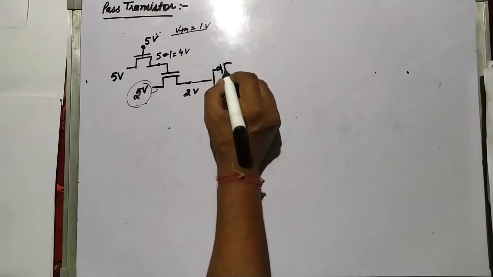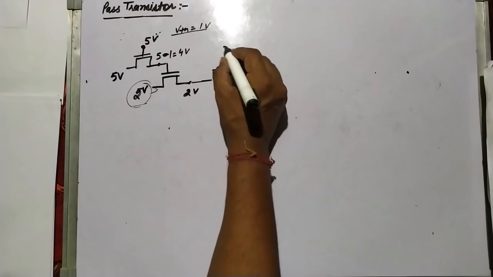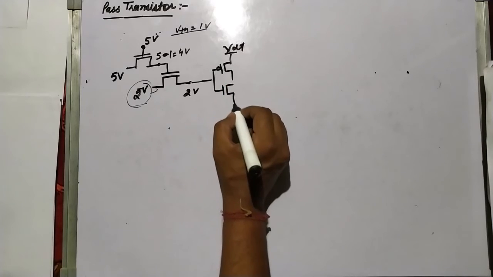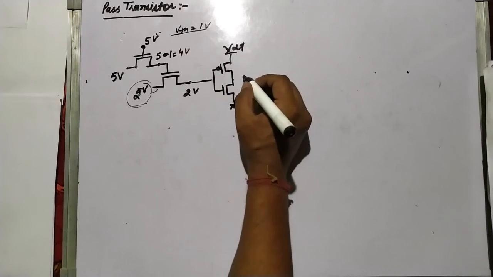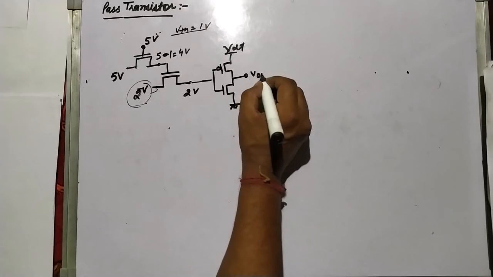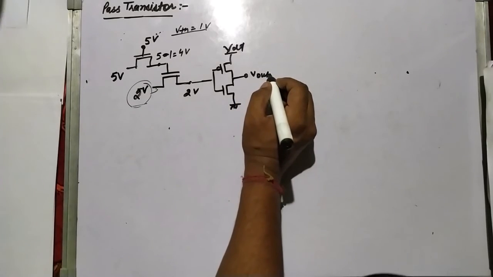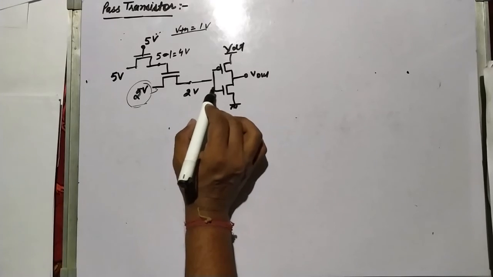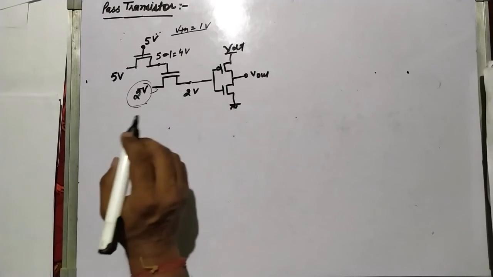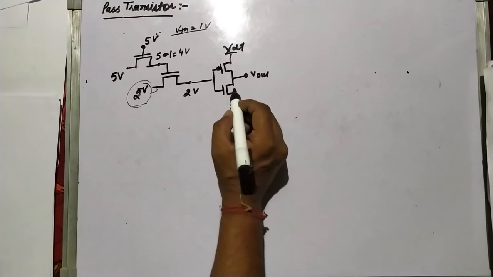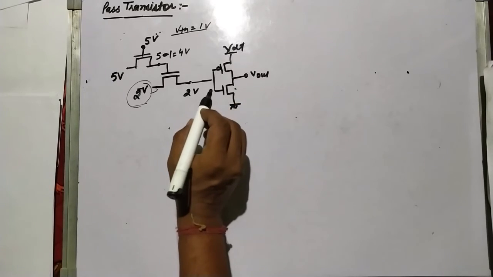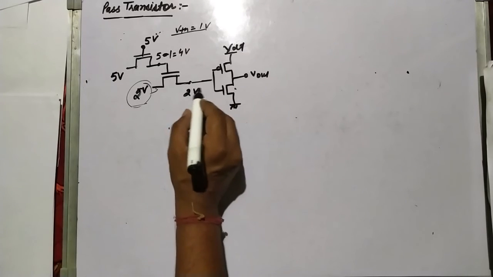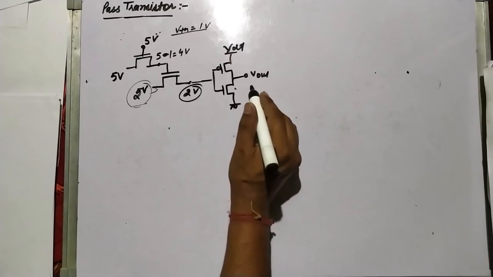This is PMOS, this is VDD, and this is NMOS, and there it is the output. If this 2 volt drives an inverter, then the NMOS gate value of the inverter is still considered high. This 2 volt is still high for this.